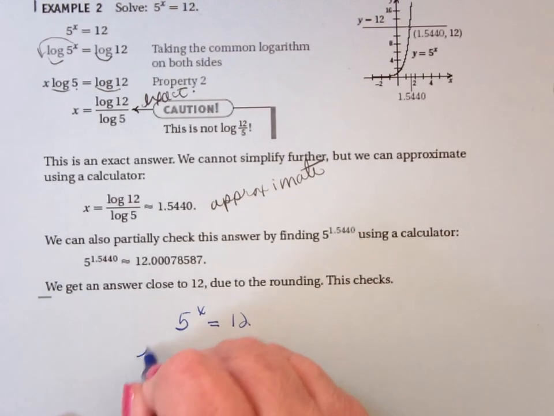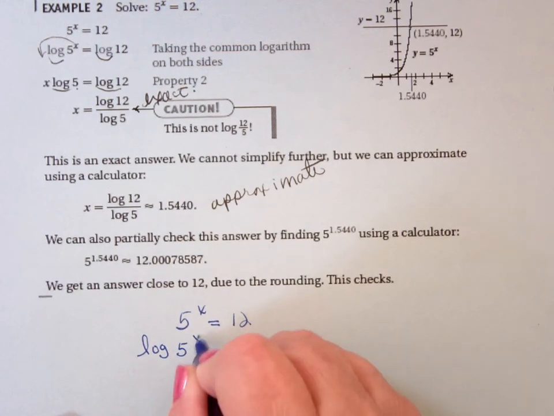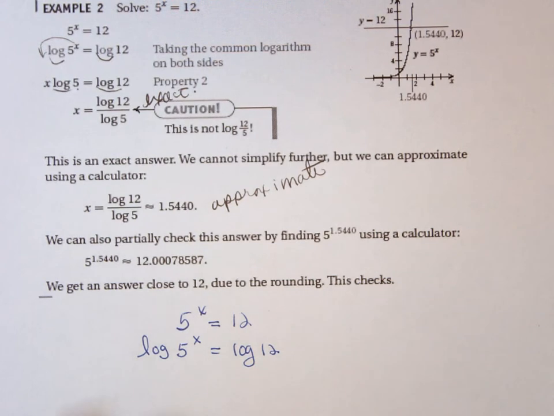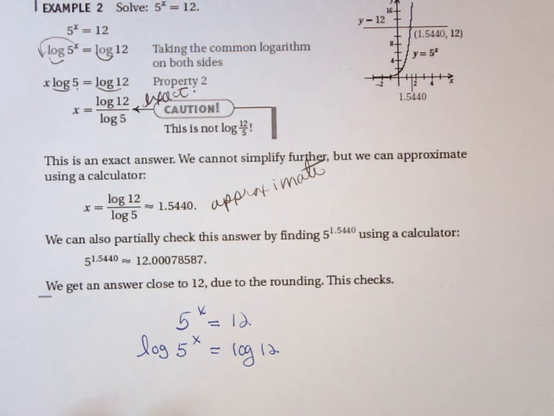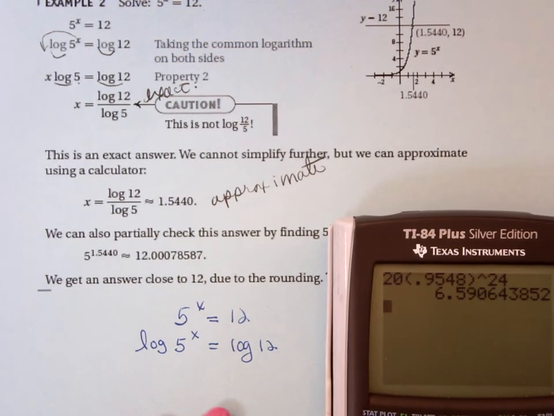So I'm going to take the log of both sides. The log of 5 to the x equals the log of 12. One thing I know, or maybe don't know, but that you now need to know, is that the log of 12 is a number.